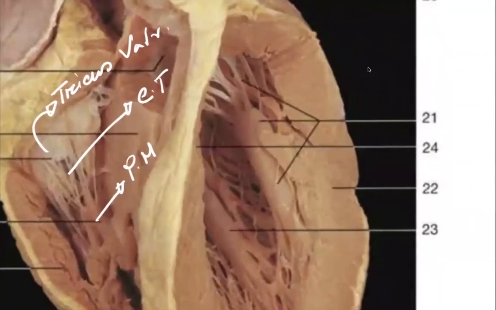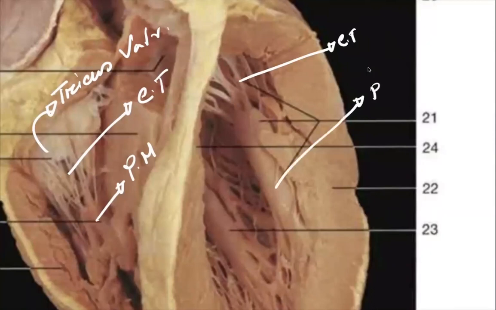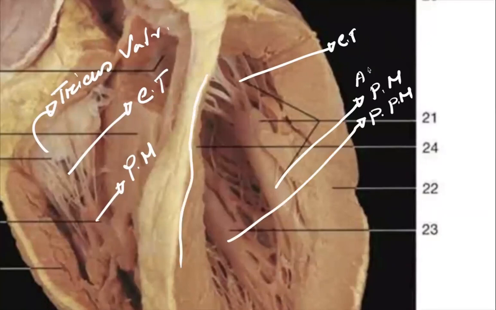On this aspect, these are the chorda tendini as well, and these are the papillary muscles, but it is on the anterior aspect, so you can say these are the anterior papillary muscles and these are the posterior papillary muscles. Also they can ask what you are seeing, number 24, this is the interventricular septum.